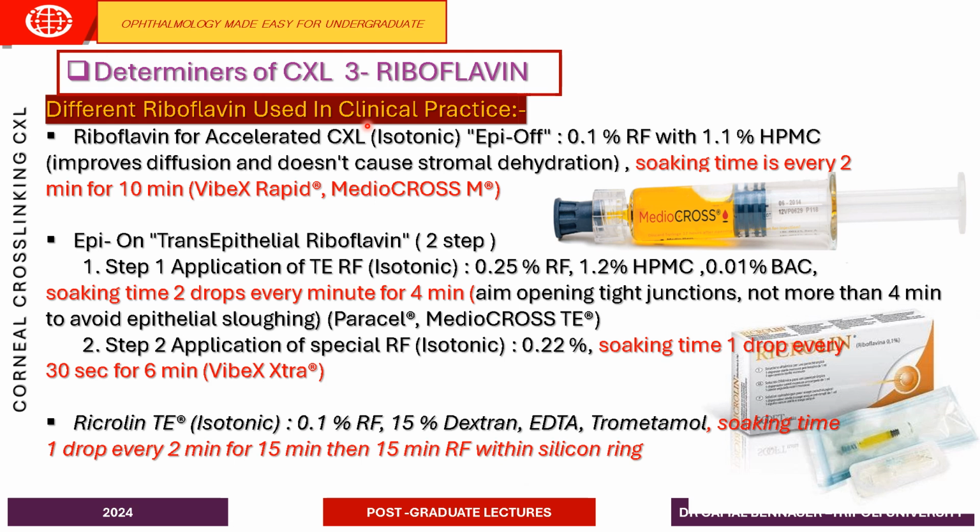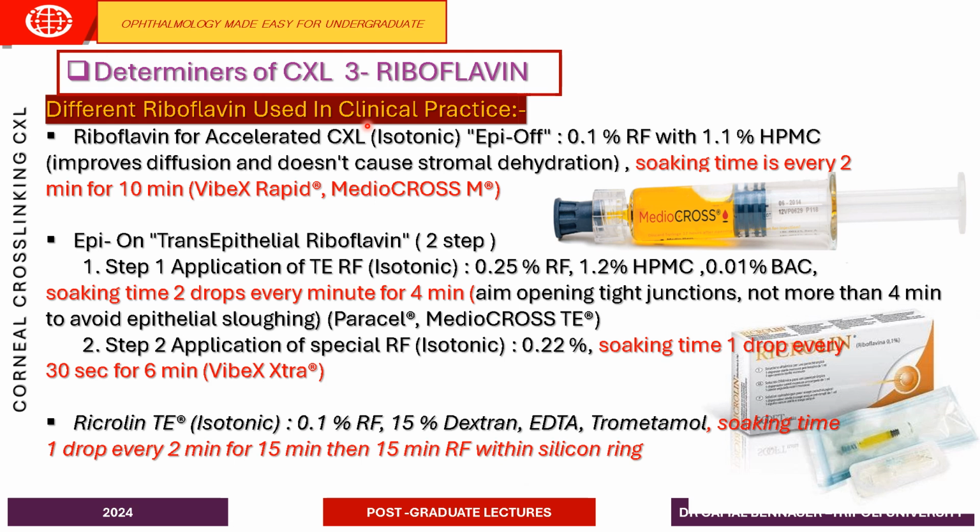Another type of riboflavin is the Ricrolin transepithelial, made by an Italian company, with a concentration of 0.1% riboflavin in 15% dextran, with EDTA and trometamol added, which facilitate the tight junctions to help absorption of the riboflavin.